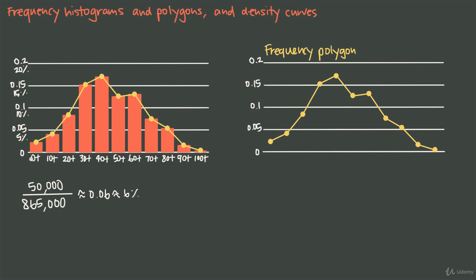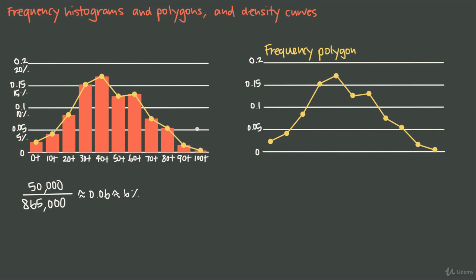So notice that when we started here with our histogram, we were grouping all the people in San Francisco into buckets by decade. So all of the kids under 10, all the kids between 10 and 19, all of the people between 20 and 29, etc. Well, the fewer buckets we use, the more inaccurate our polygon is going to be.